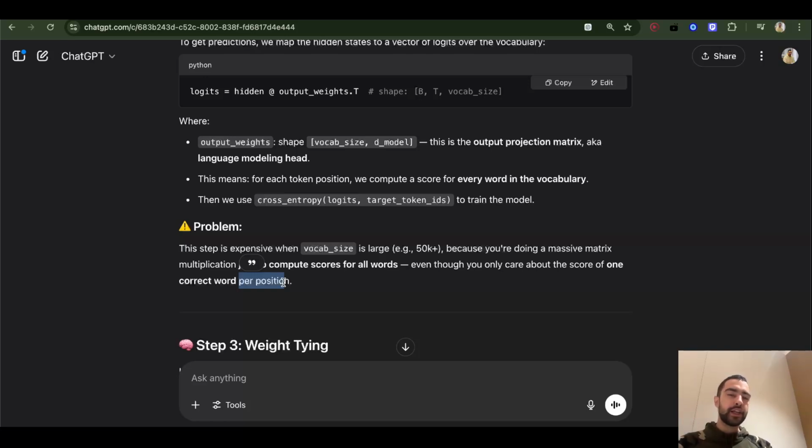When you are training, you already know which word is correct. So we can just compute the logit, the score, for that single word to see how the model would predict it. Then we train the model to predict that word with a high score and all the other words with a low score.